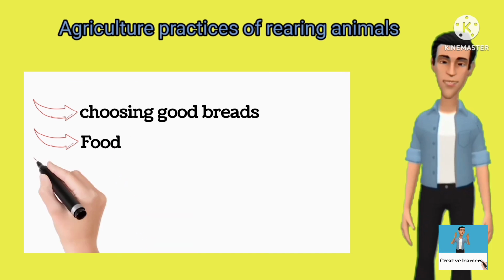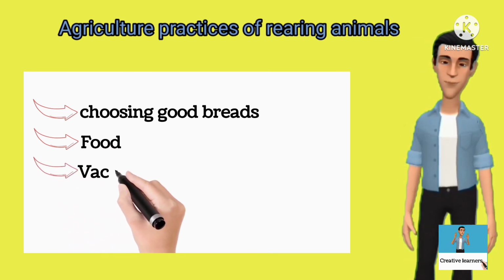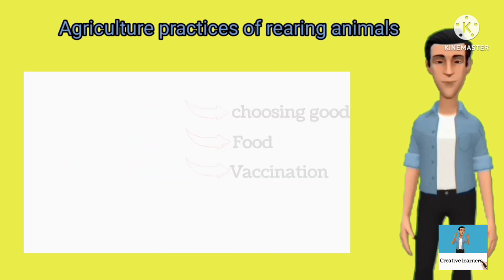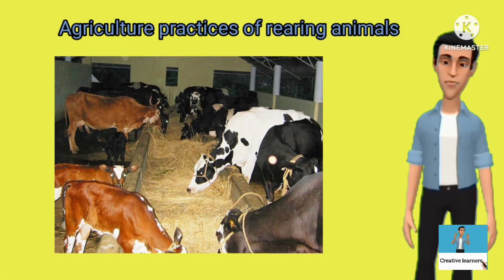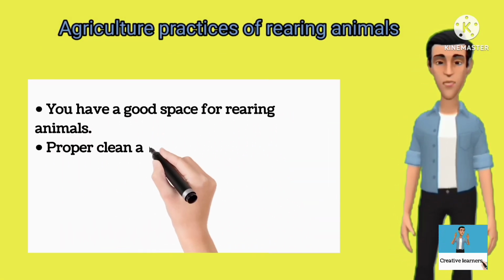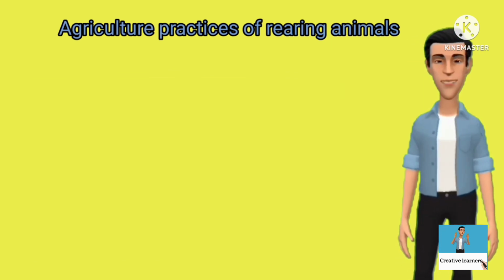Next is vaccination. Proper vaccination makes them healthy and protected from diseases. The things we have to take care of while rearing animals are: you have sufficient space for rearing them and a well maintained, clean and airy environment.